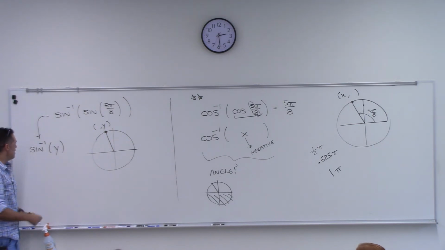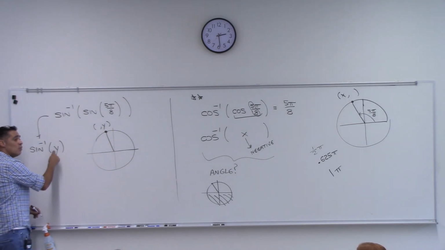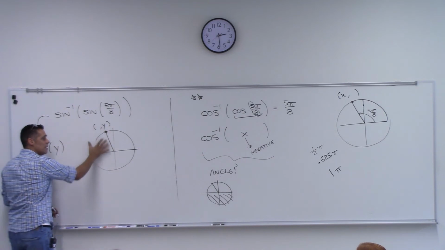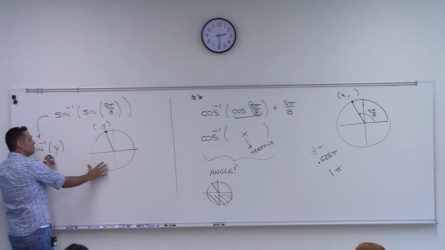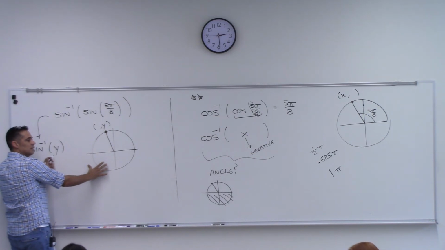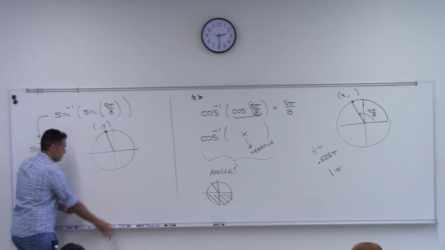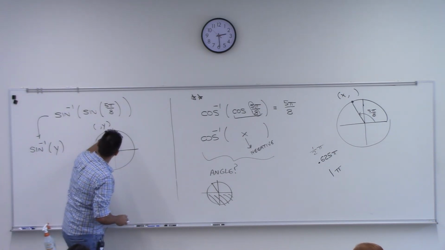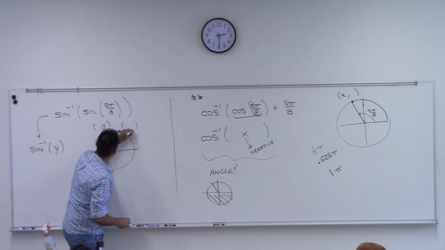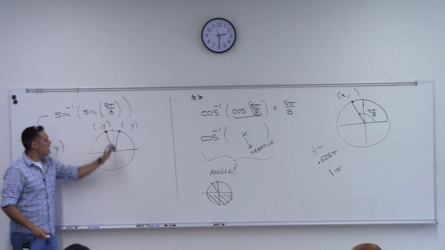Which means I still want to look at that y coordinate, but I can't be over here. So where is it really? Where would I have the same y coordinate as I do right here? In the first quadrant, right there. That would have the same y coordinate, wouldn't it?